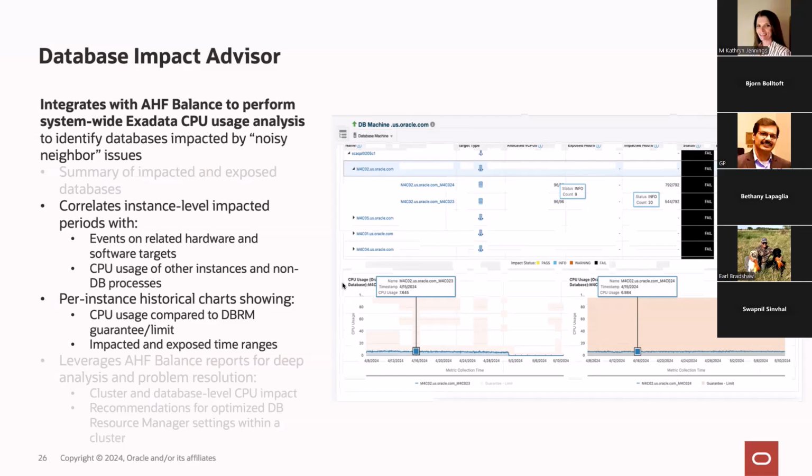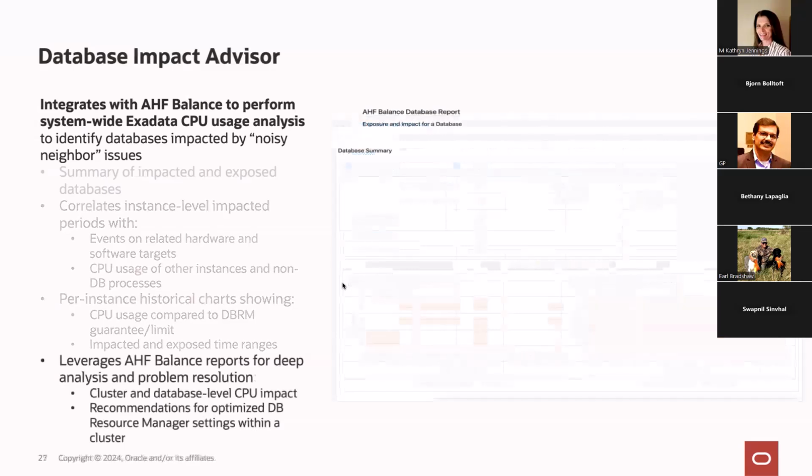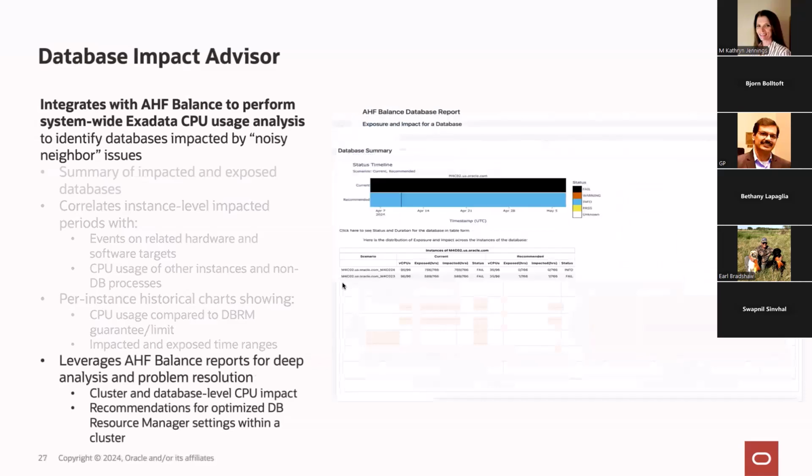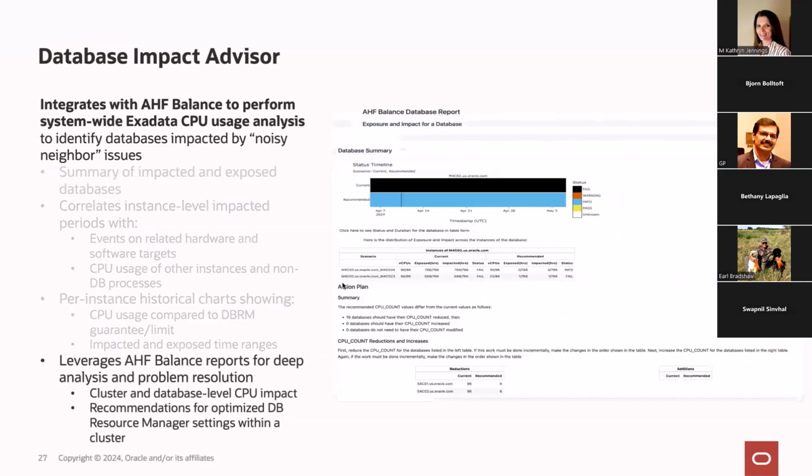Per instance, history also. So we have this not just for the time that's occurring, it's actually quite a long history that we have available. And of course, impact advisor is something that's providing us with the details about how we should configure the system to make sure that the CPUs are guaranteed in the best way for each individual database.